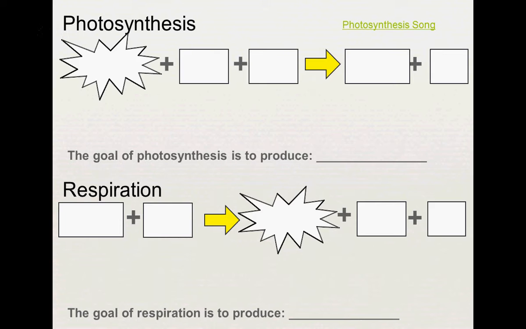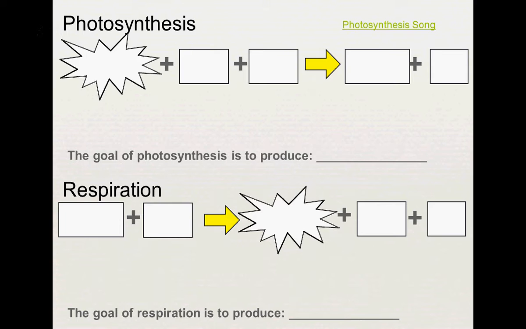All right, so our last section here of the cells unit is about two more cell processes, two things that happen inside of cells, and they're photosynthesis and respiration. These are both chemical reactions that take place.